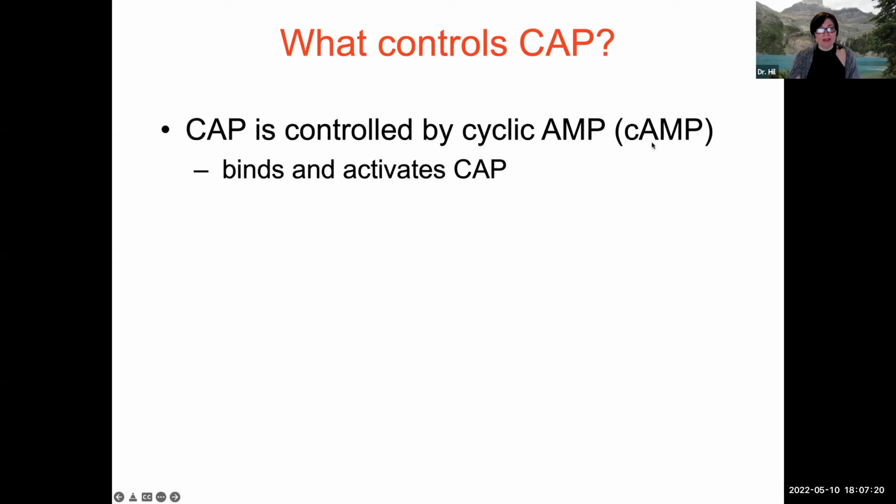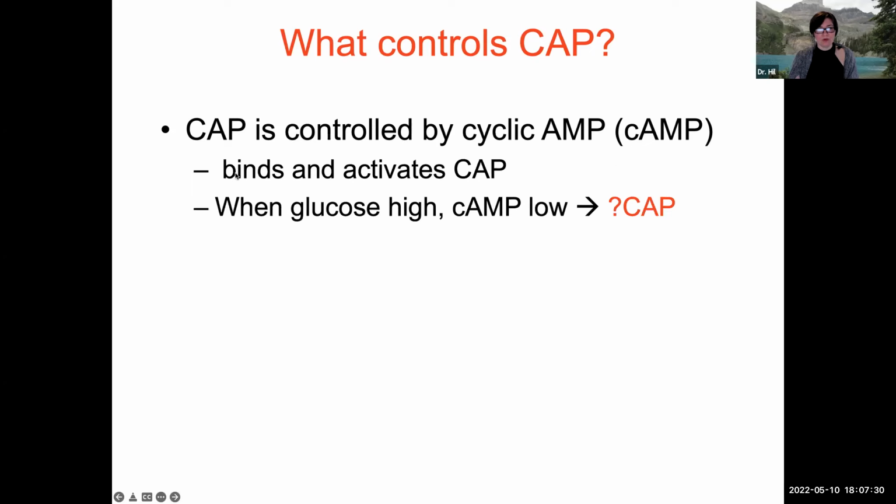If cyclic AMP levels are low, CAP is not active, so it's not going to bind the CAP binding site. Cyclic AMP levels are high, CAP becomes activated and binds the CAP binding site. So when glucose is high, which means ATP levels are high, which means cyclic AMP levels will be low, is CAP active or not?